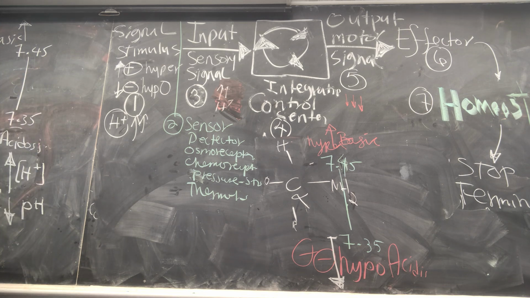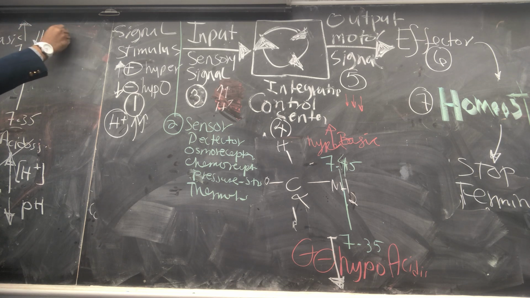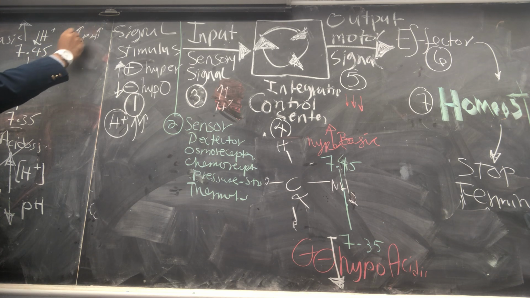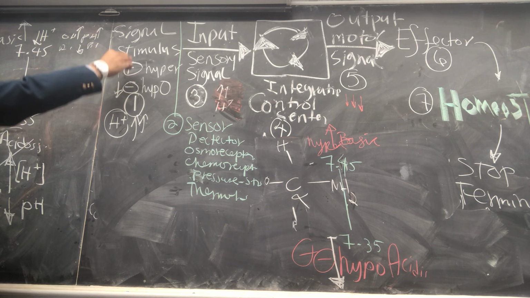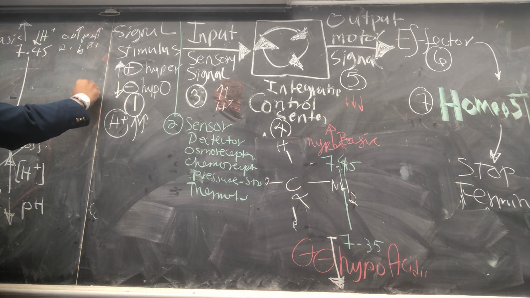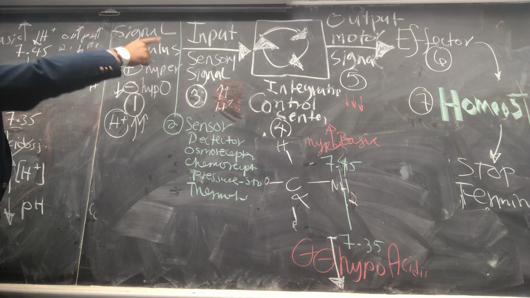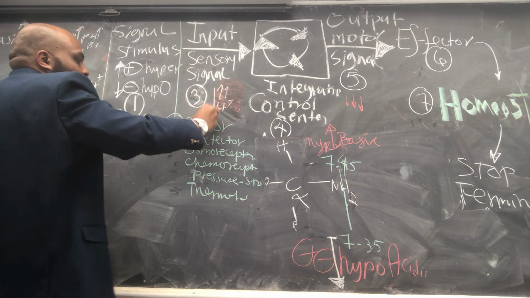So now let's look at that. We're not dealing with this anymore. We're dealing with basic. Basic means H plus low, OH high, pH high, acidity low, and basicity high. So the input sensor signal will be low H plus.